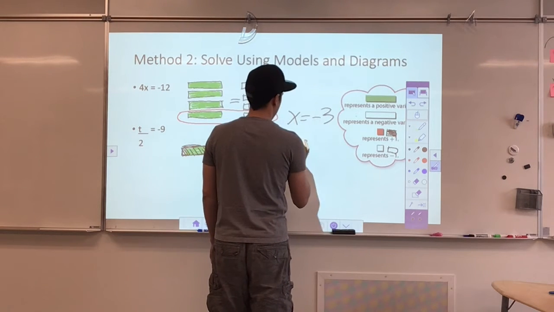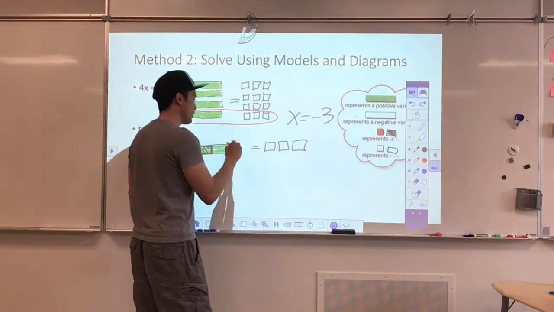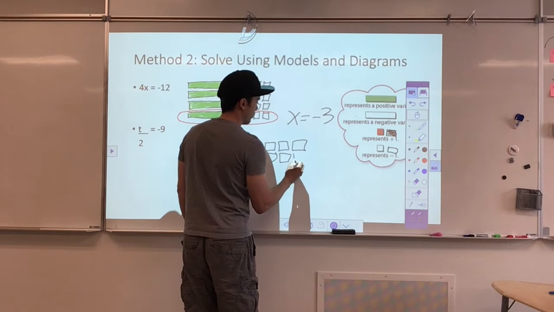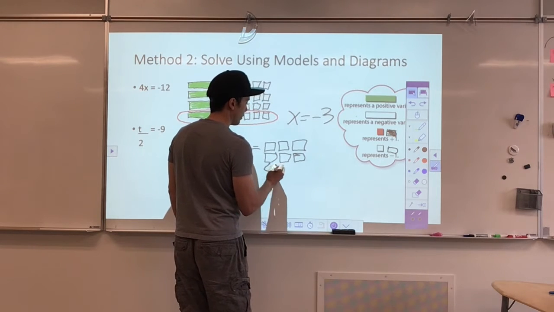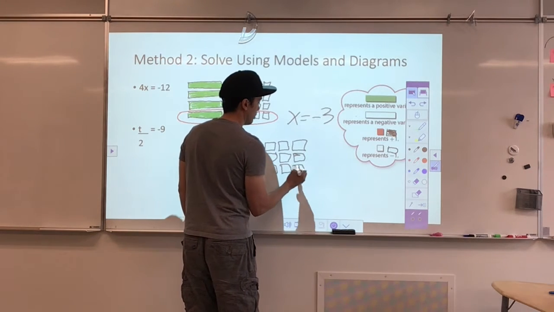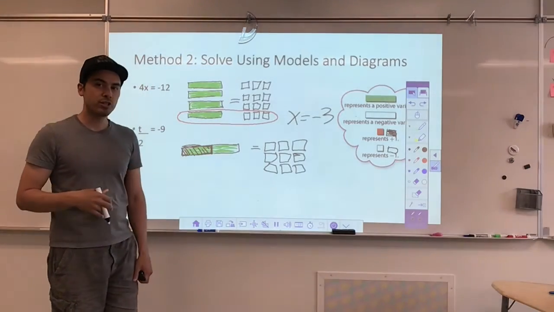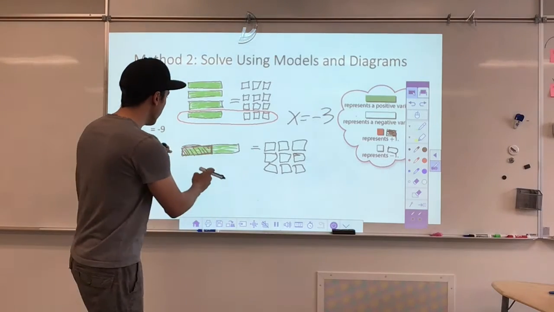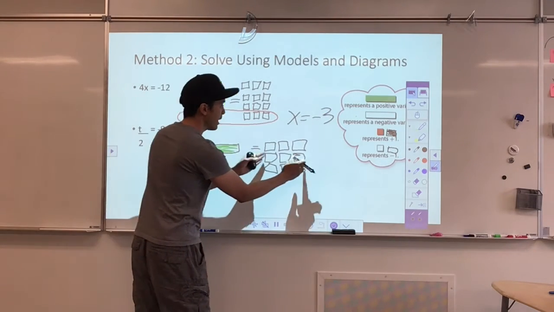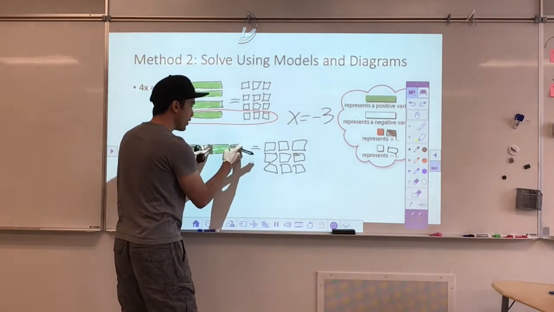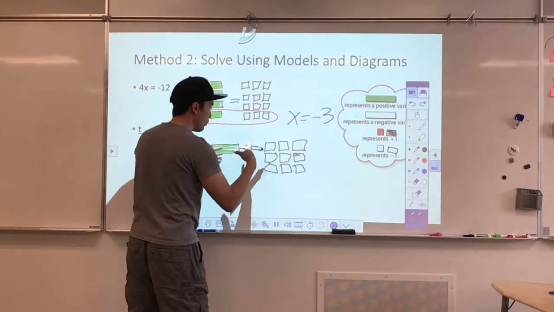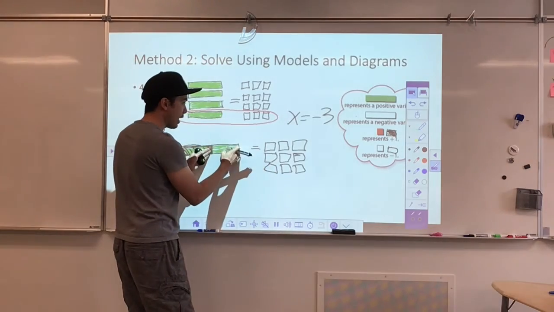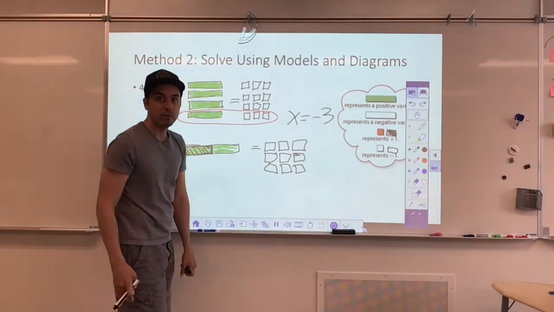I know there's only a stack of 1 here, but I'm just going to make another stack of 3. In this case, it doesn't really matter how I arrange them. So the question I'm asking myself is, if I know that this half is the same as negative 9, if I had the whole thing, what would I have to do? Well, if I had the other half, that would also be another negative 9 over here.